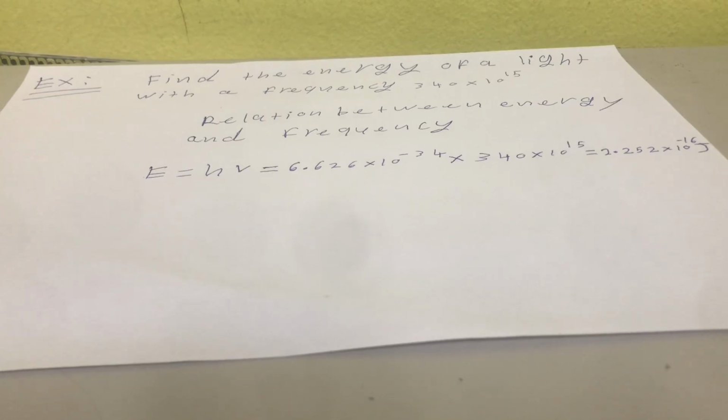So we multiply them and get the answer 2.252 times 10 to the negative 16 joules. We put three numbers after the decimal.